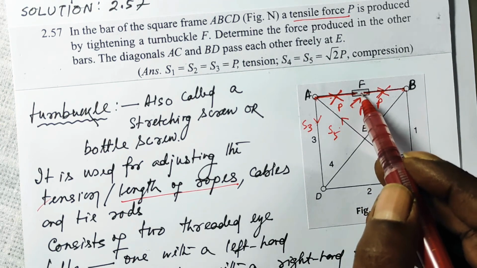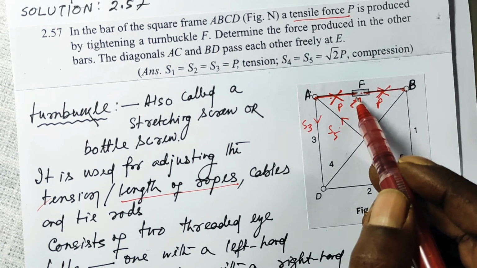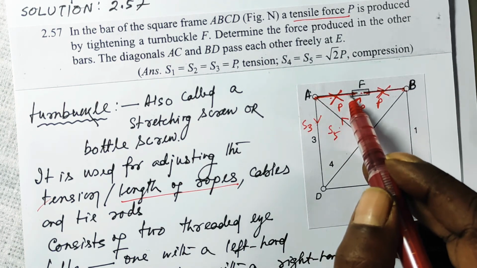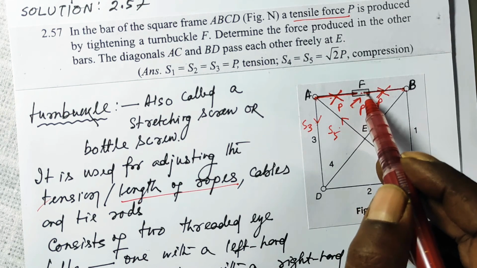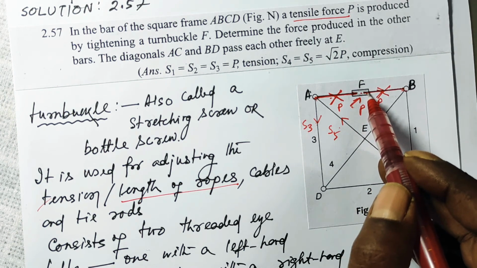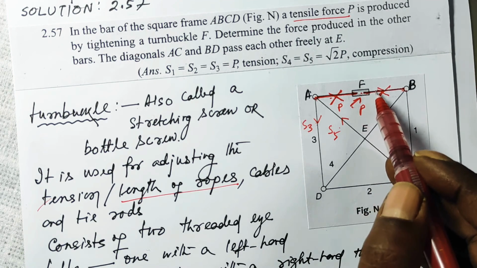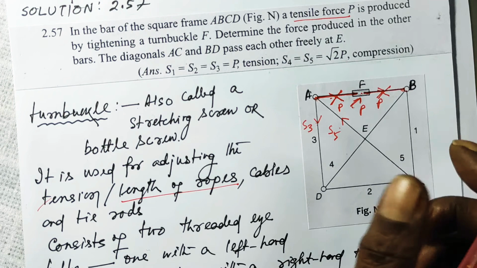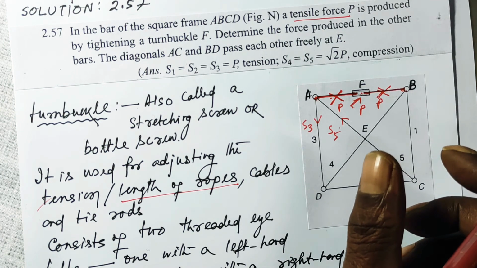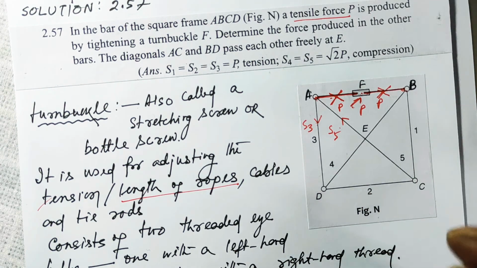It means if you rotate this turnbuckle clockwise, this part will be shortened in length, this part from here to here will get inside the turnbuckle, so the overall length of AB will try to reduce, which means it is under compression.